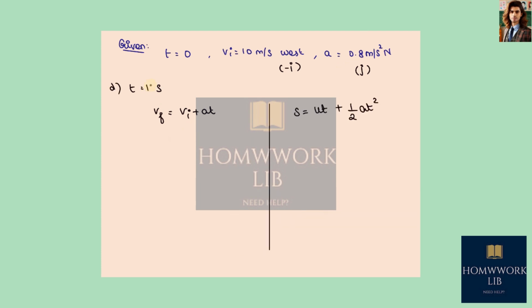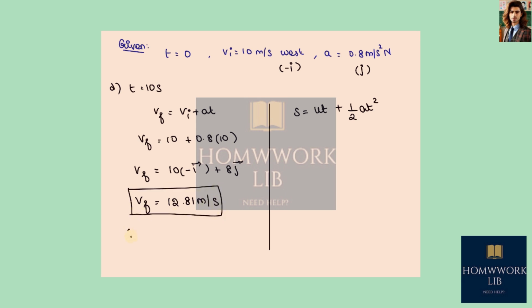Next we have to find the velocity and displacement at time t equal to 10 seconds. So here velocity equal to 10 plus 0.8 into 10. So this will give the velocity vector as 10 of minus i vector plus 8 j vector, and if we find the magnitude, we get it is 12.81 meter per second at an angle 38.66 degree north of west.